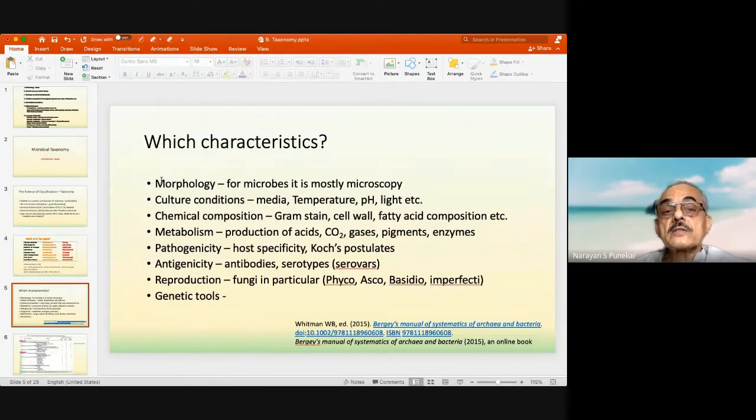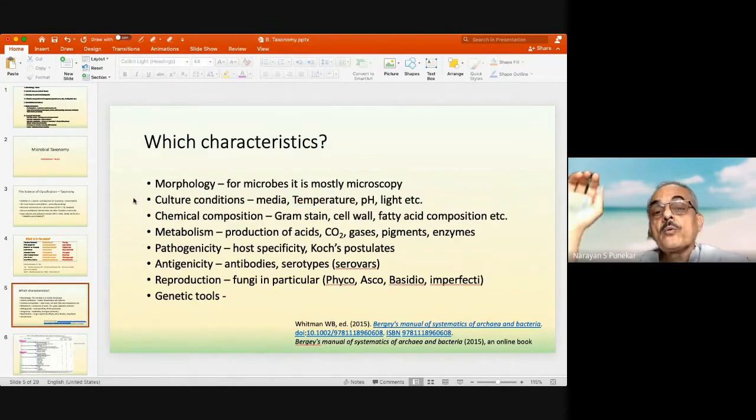So that is direct morphology through microscopy. Then you take these organisms and grow them on different media, with different culture conditions like temperature, pH, light, etc. That also gives you a characteristic. An organism grows at higher temperatures but does not grow at normal temperatures, or grows at normal temperatures but not at high temperatures. So temperature itself can become a distinguishing characteristic.